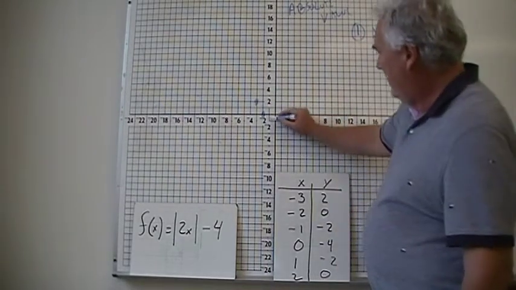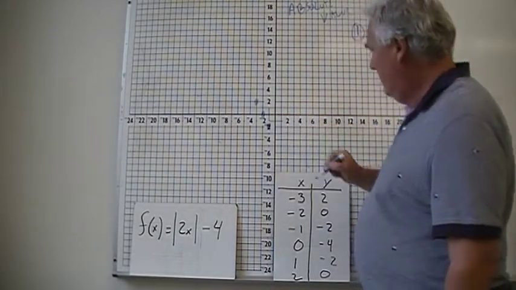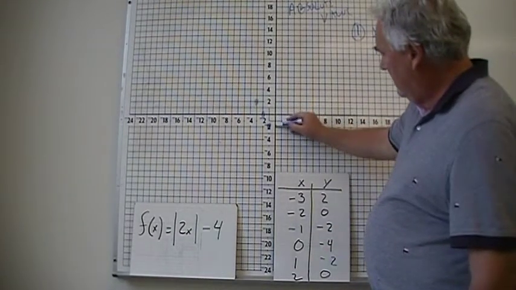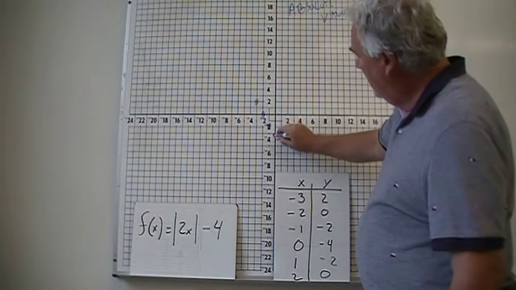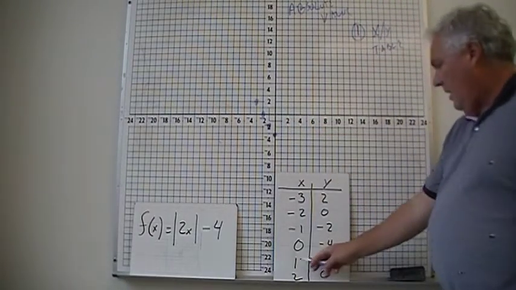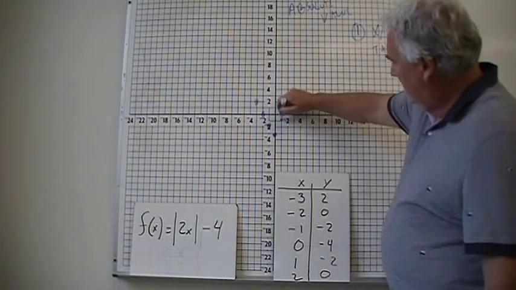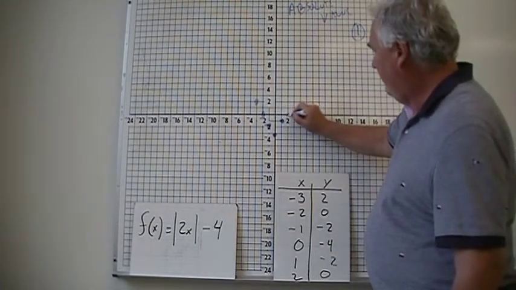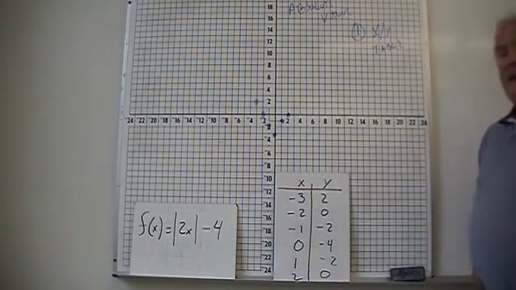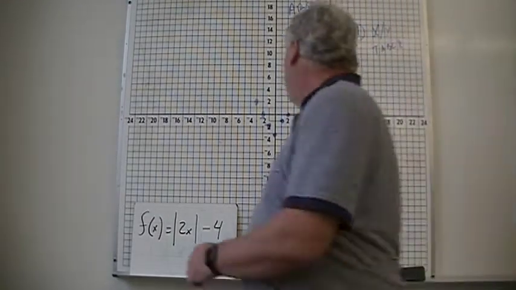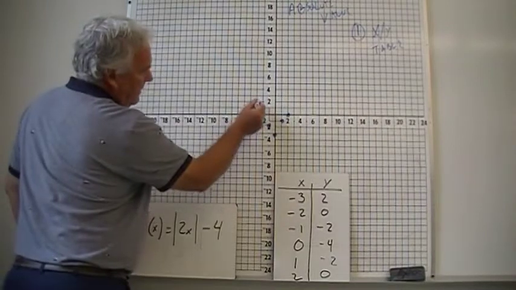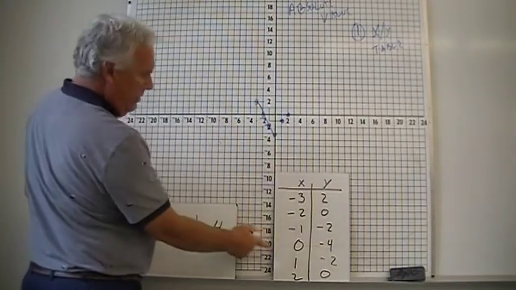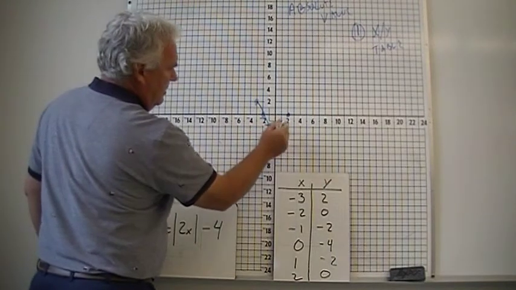Negative 1, negative 2. 0, negative 4. 1, negative 2. 2, 0. Now, when you do this, which point did I plot wrong here? Oh, this one.